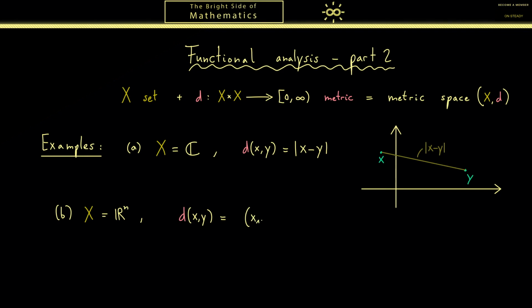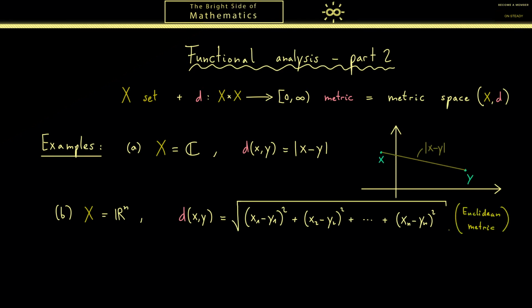It's just the first component of x minus the first component of y squared plus the second component, and so on until you reach the last component, which is xn minus yn squared. And then, of course, we need the square root. Okay, so this is the Euclidean metric, the common but only a possible choice of a metric in Rn.